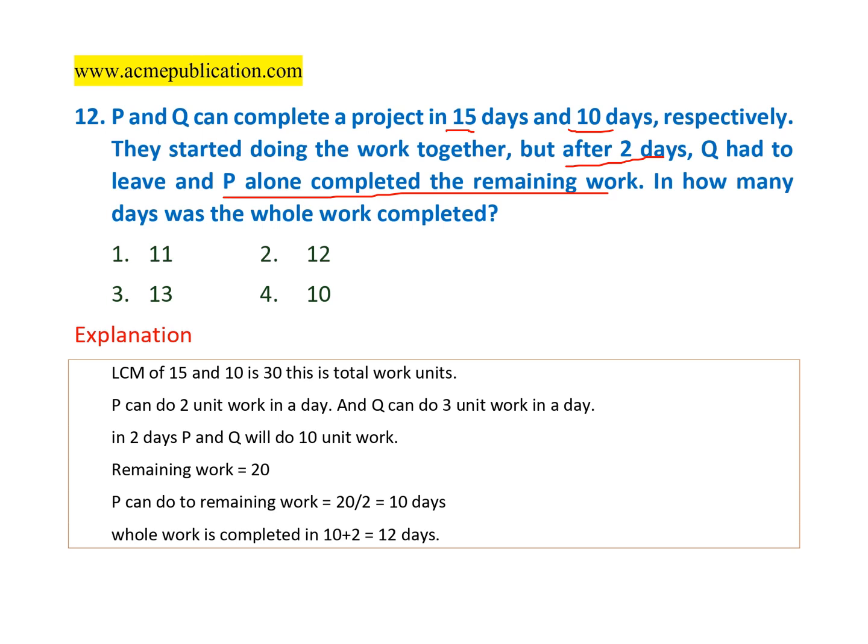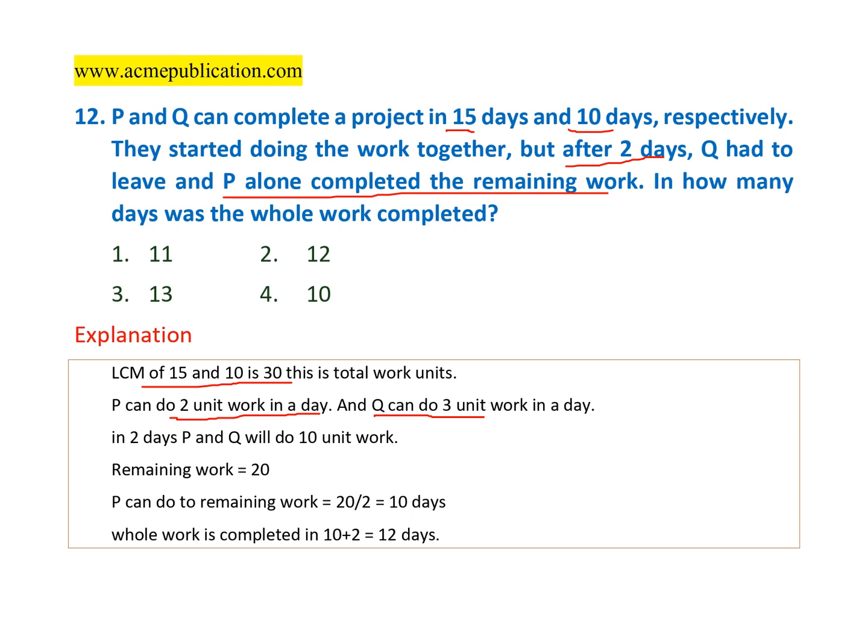To solve this question, we find the total work units by taking the LCM of 15 and 10, which is 30. The efficiency of P is 2 units per day, and efficiency of Q is 3 units per day.